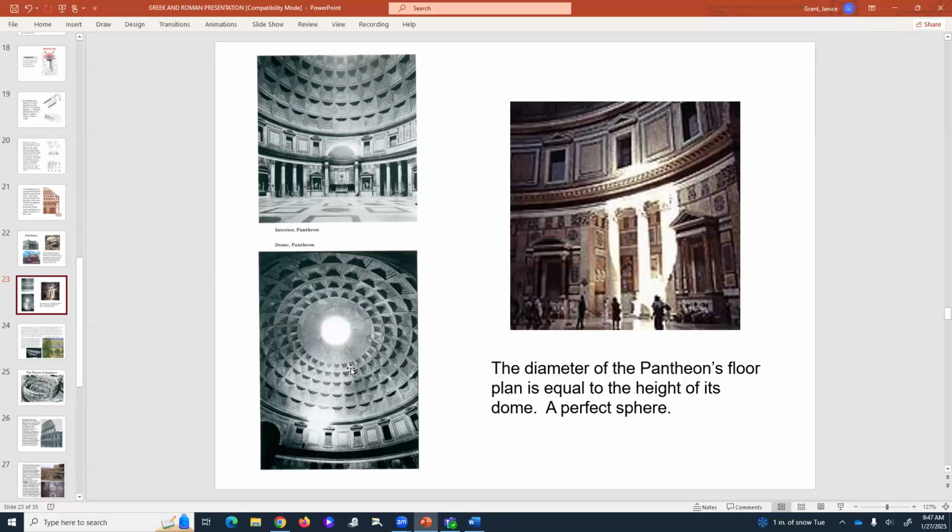I imagine because it's so tall and so circular that it would bounce off and make an echo for sure. Anything else? Okay. Great place to potentially visit.